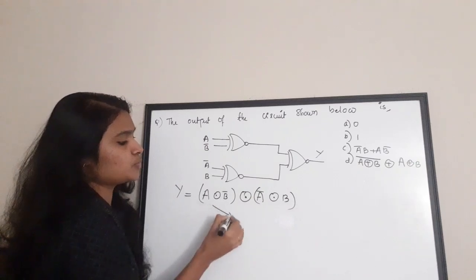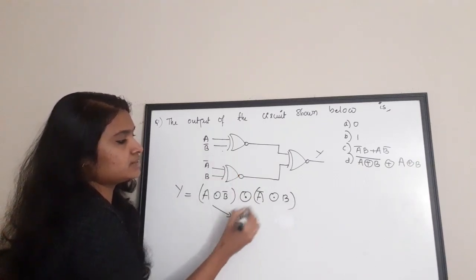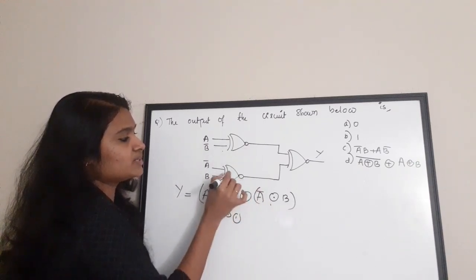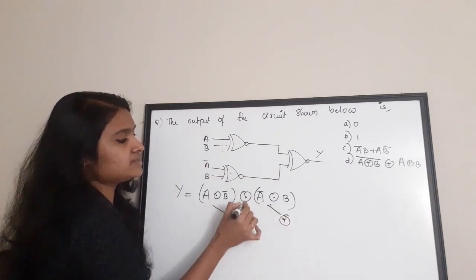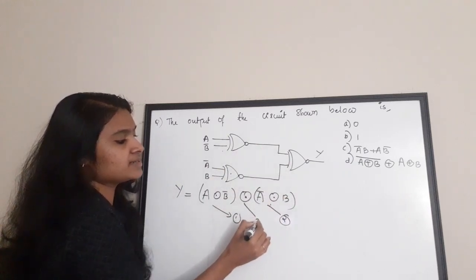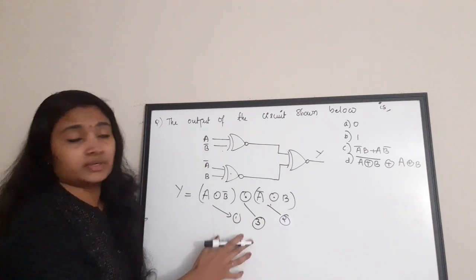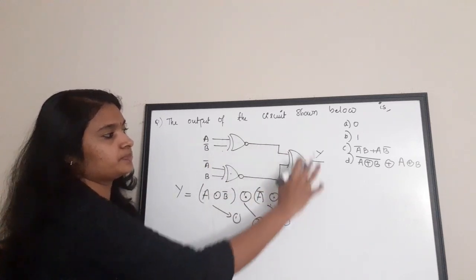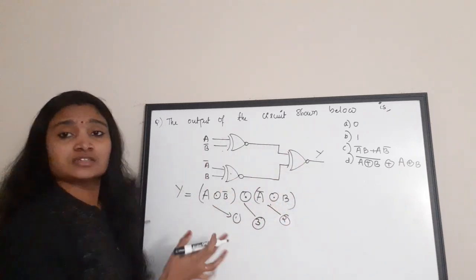This corresponds to your first gate. This corresponds to your second gate and this XNOR corresponds to the last gate, which is the output gate here. So there are 3 XNORs.